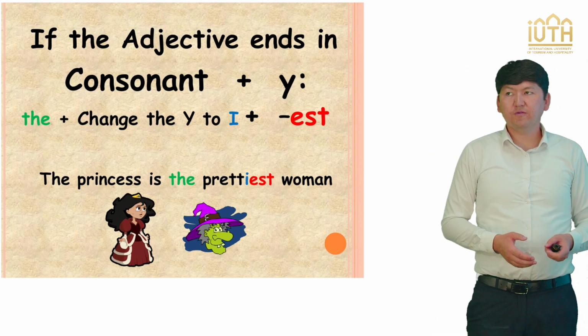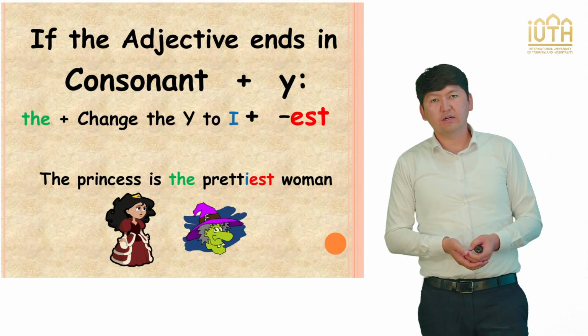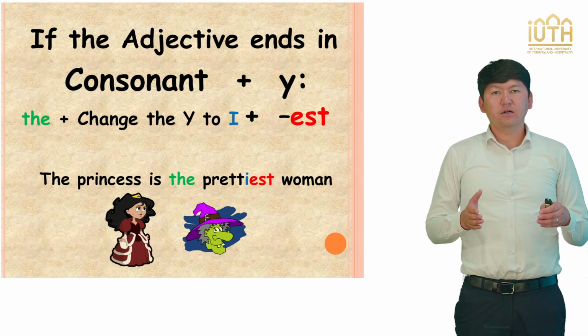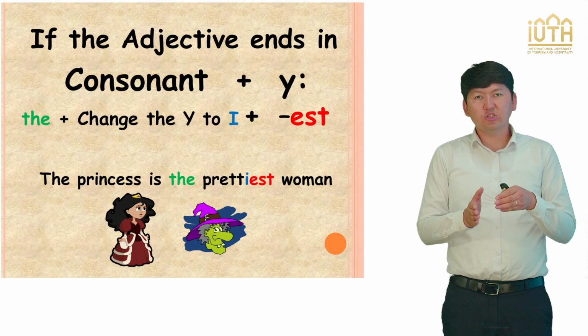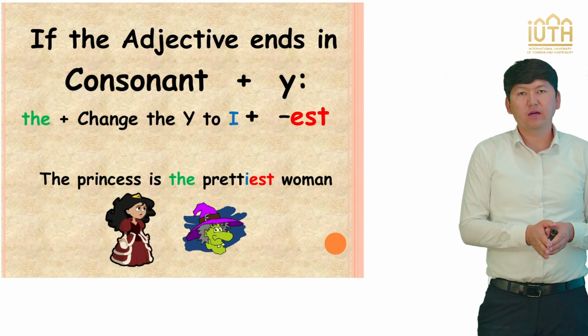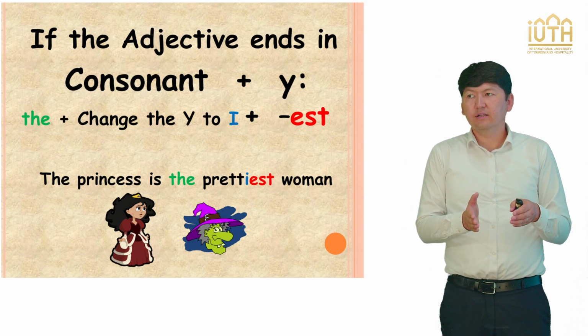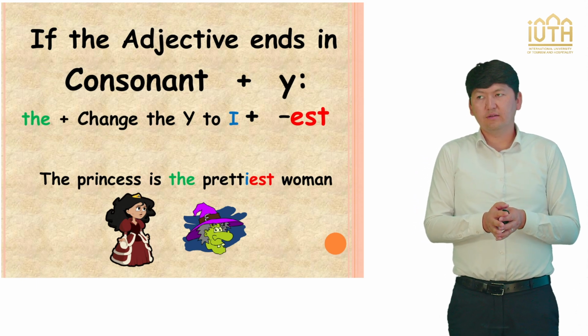And if the adjective ends in a consonant plus Y, we use the structure: the plus adjective, we change the Y into I, and plus est. For example, the princess is the prettiest woman.